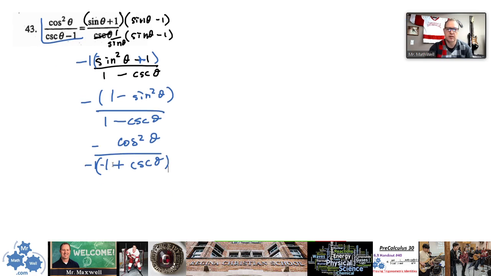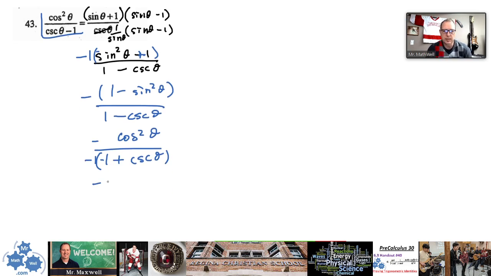So watch this. This is what you would do. You would say negative cos squared theta over negative cosecant theta minus 1. And you would show this in your proof. I wouldn't skip this step. Why? Because you want to show the teacher this complete proof that, hey, negative 1 divided by negative 1 gives us a positive.